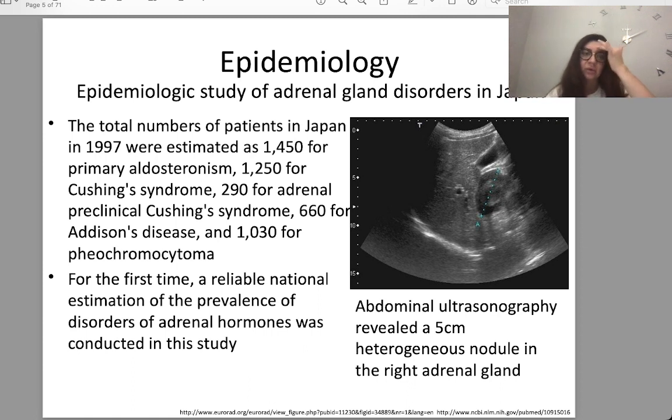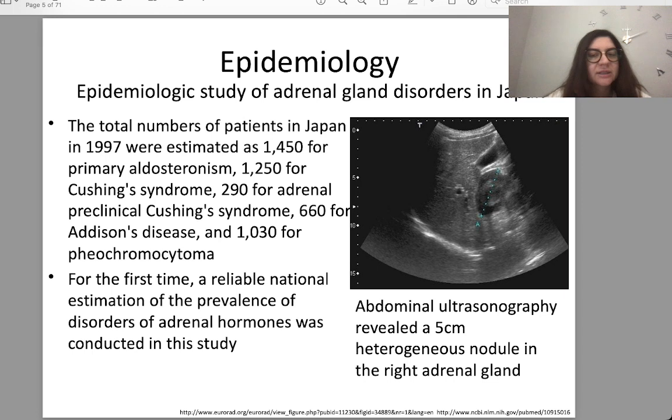In Japan, in 1997, for example, the total numbers of patients were estimated as 1,450 for primary aldosteronism, 1,250 for Cushing's syndrome, 90 for adrenal preclinical Cushing's syndrome, 660 for Addison's disease, and 1,030 for pheochromocytoma.